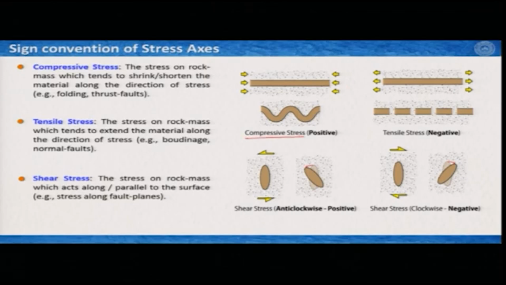If there is tension on the same layer, then I may produce a structure which we call boudinage, we will learn about it soon; then the stress is tensile stress. In structural geology, interestingly, we consider compressive stress as positive and tensile stress as negative.